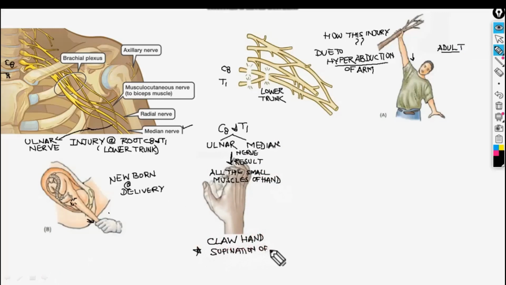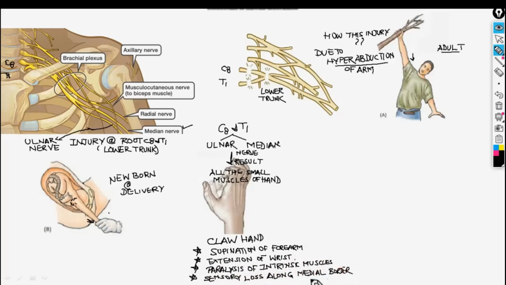In this claw hand, there is supination of the forearm, extension of the wrist joint, paralysis of the intrinsic muscles of the hand, and sensory loss along the medial border of the forearm and hand. So this results in a claw hand.